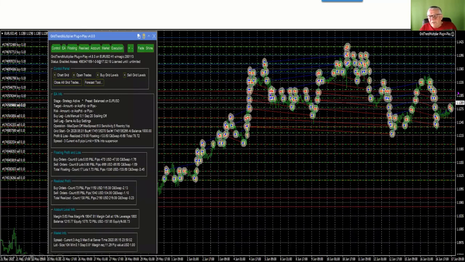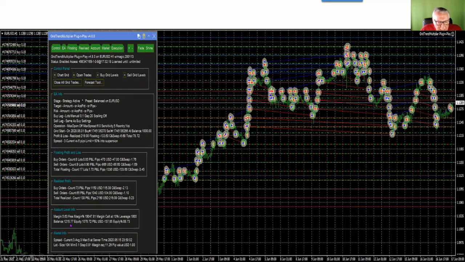And what that creates is what I call a carpet, because what now happens is that this particular account started with $1,000. It is now 1,078 in terms of equity. In terms of its balance, it's 215.